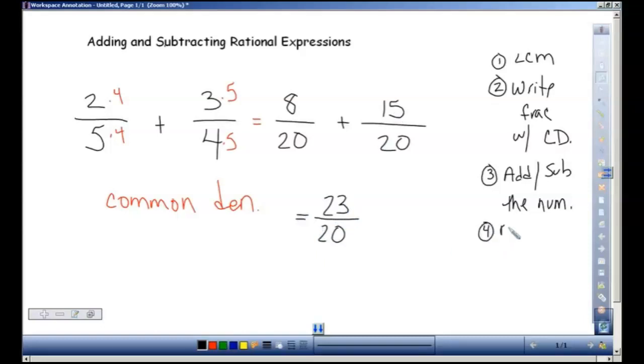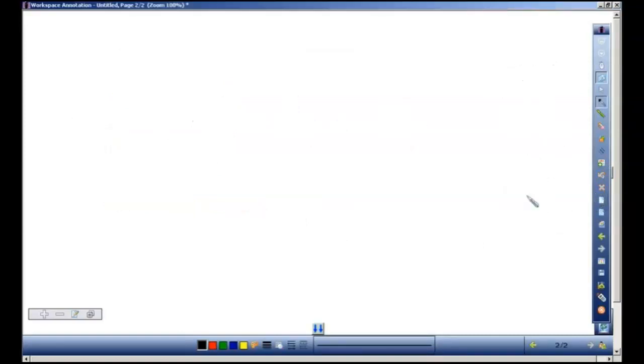You should always check to see if your fraction reduces, but in this particular problem, I don't think 23 twentieths is going to reduce. And so then you have your answer. This is our process for adding fractions. Find the LCM of the denominators, write your fractions so they have a common denominator, add or subtract the numerators, and then reduce. So let's see what that looks like when we throw some variables into the mix.